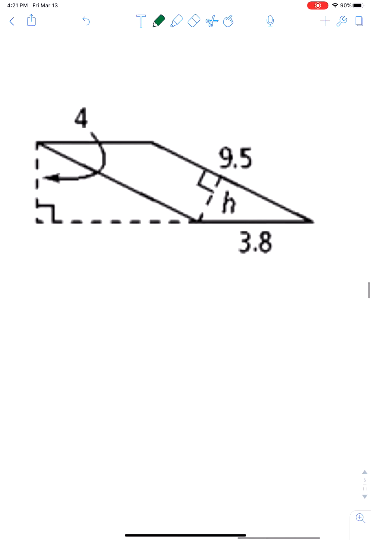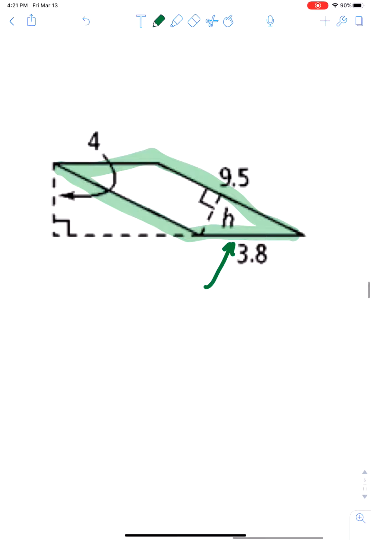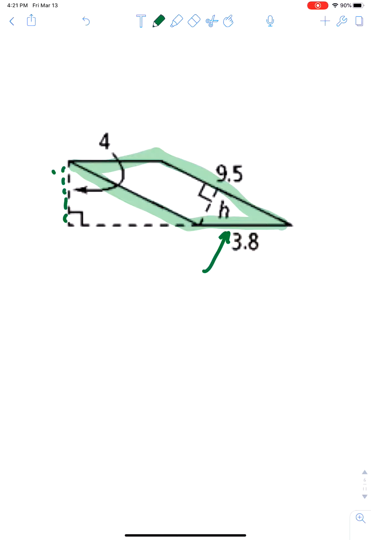We can practice one together here. If I look at the shape this way, with that being the base, I could say that the height is 4, and I do 3.8 times 4, and the area would be 15.2.